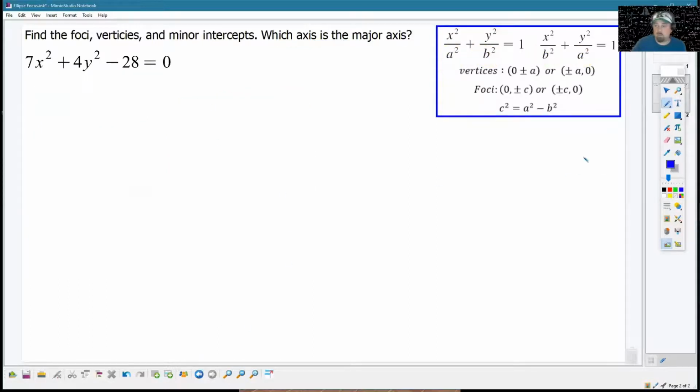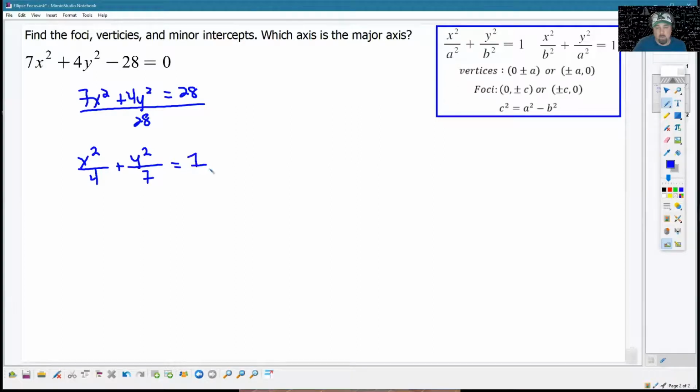Let's try one that's a little bit tougher, because this one's more in standard form. The only thing we need to remember to do here is move the constant to the other side and get our fractions back into this thing. So that becomes 28, and the way we get our fractions, we need this to be 1. We've got to divide everything by 28. So we're going to get x squared over 4 plus y squared over 7, and that's going to be 1.